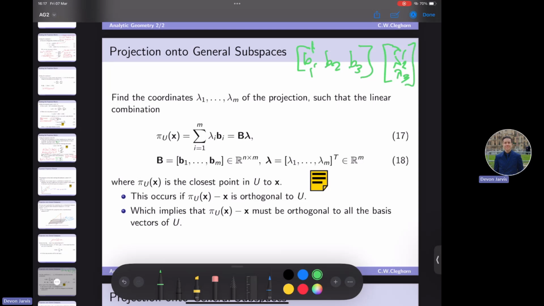These are vectors. But again, it always helps to remember that it still works the same way as the dot product. So what we're ultimately going to do is lambda 1, the coefficient, times b1, the vector, plus lambda 2, the coefficient, times b2, the vector, and so on. That's a linear combination of the columns of your basis.